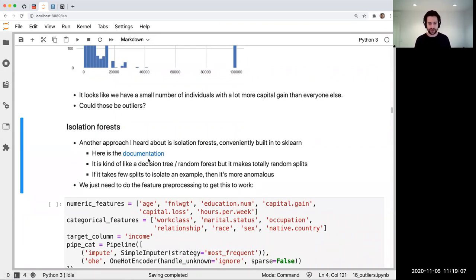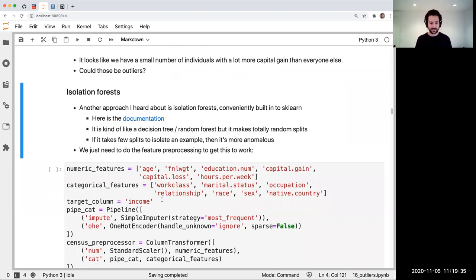It's kind of like a decision tree or random forest, but it makes random splits. If a training example gets by itself quickly, then it's considered weird. Because if you have a whole cluster of points that are very similar, you're going to have to keep splitting and splitting to get each one by itself. But if you have something by itself, you just make a few big cuts and you'll isolate it. That's why they're called isolation forests.